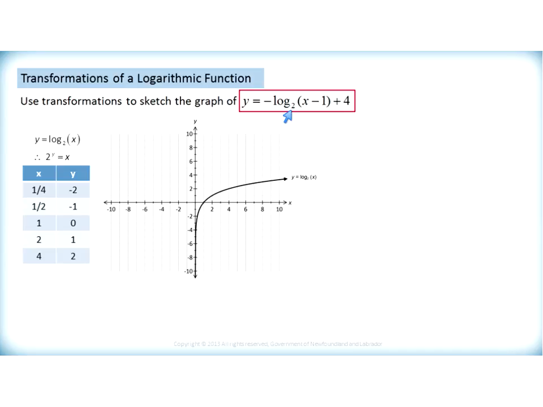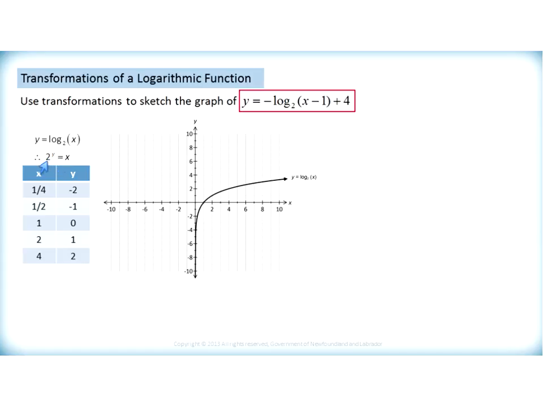So to begin, I have sketched the graph of y equals the log of x to base 2. In order to graph this function, remember that we convert it to exponential form, where 2 raised to the power of y is equal to x. Y is the independent variable, so we assign a couple of negative values, 0, and a couple of positive values to y, and we solve for x.